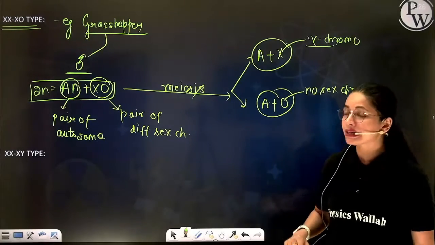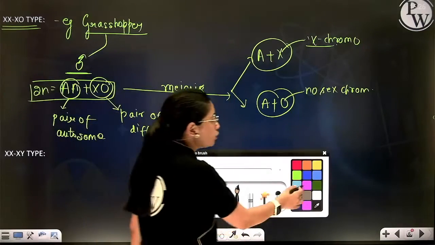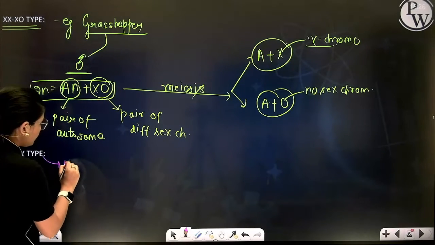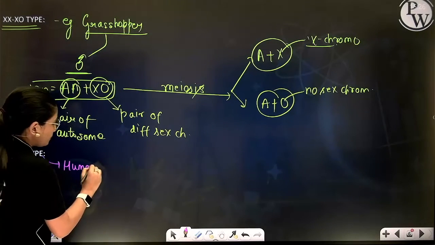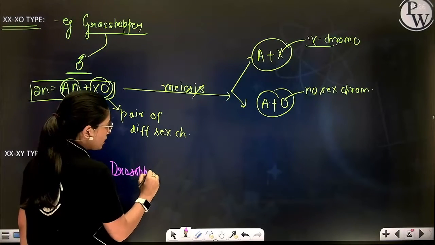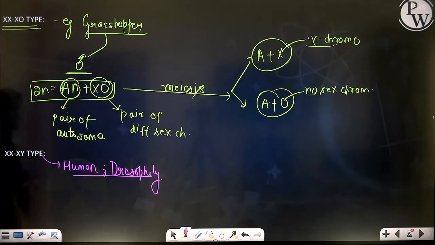Coming to the second type, which is seen in Drosophila, and we humans also show this type of male heterogamety. Human beings and Drosophila show male heterogamety, which is XY type.